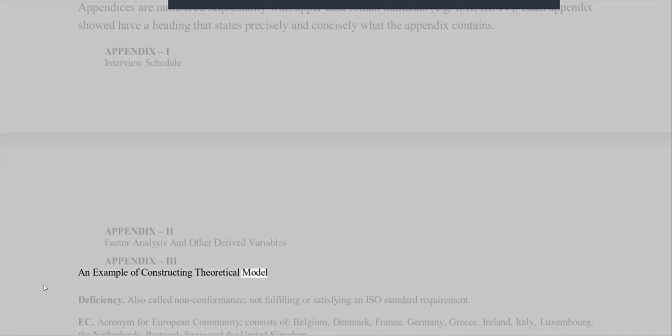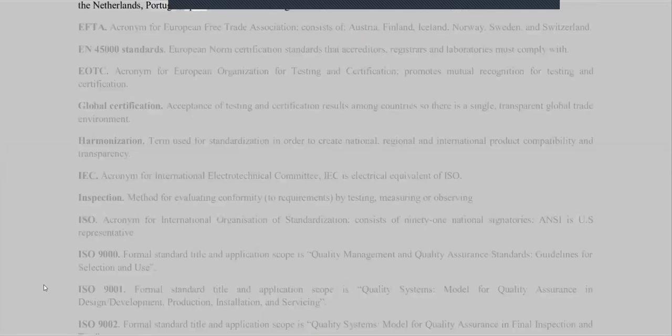Deficiency. Also called non-conformance, not fulfilling or satisfying an ISO standard requirement. EC. Acronym for European Community, consists of Belgium, Denmark, France, Germany, Greece, Ireland, Italy, Luxembourg, the Netherlands, Portugal, Spain, and the United Kingdom.